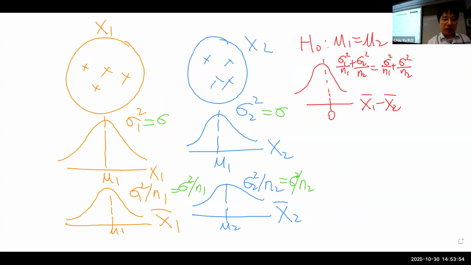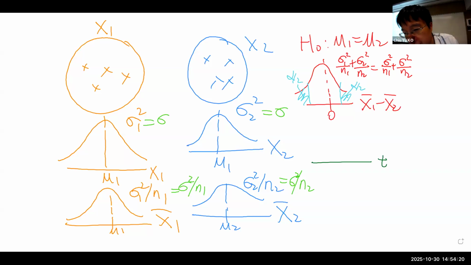The T test will be asking this, with alpha over 2 in each tail. And as I said, the only difference for T is the degrees of freedom. Which table are you checking? The table you check will be n1 plus n2 minus 2.